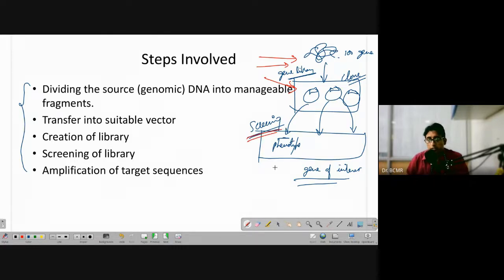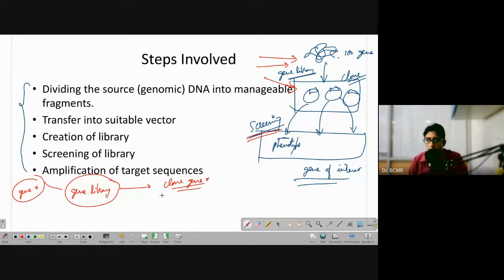Okay, this has some advantages. Say for example, if I made a gene library once because I want to find gene X, and I made a gene library and I found a clone with gene X, then my objective is fulfilled.